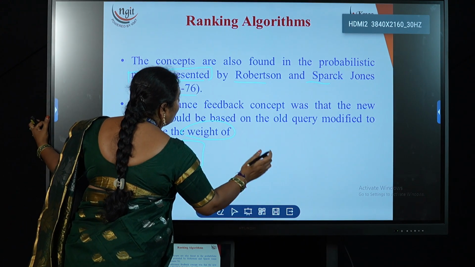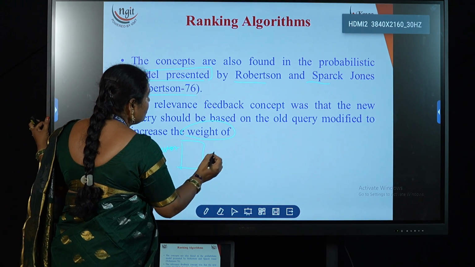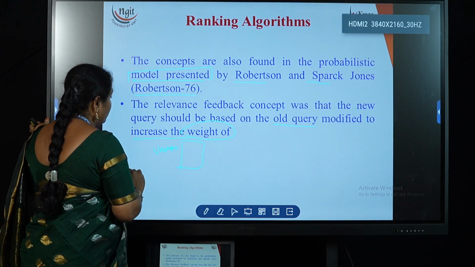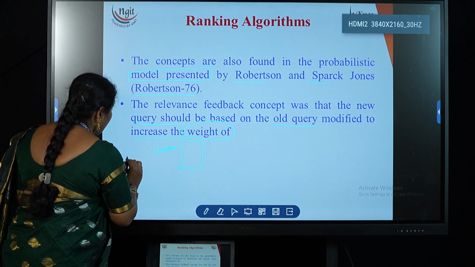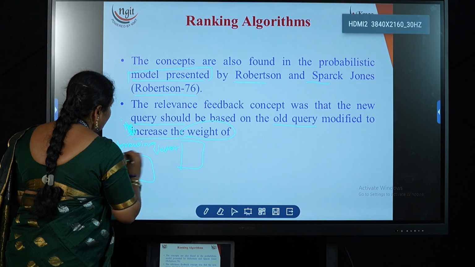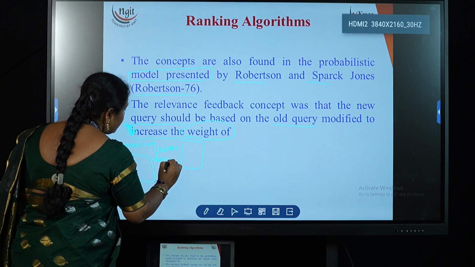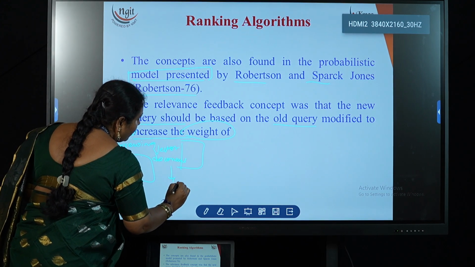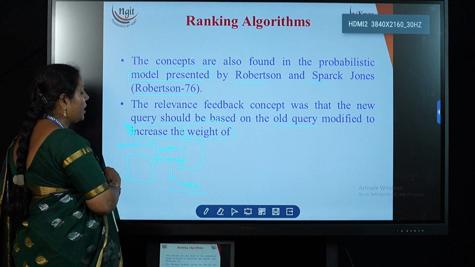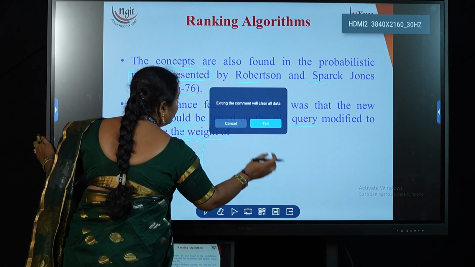According to this, you will have many queries, and you can also modify the old query to increase the weight. How can you do that? Whenever I am browsing more documents, you will sometimes get more relevant data. And what is the probability of getting more relevant data while going through more documents?